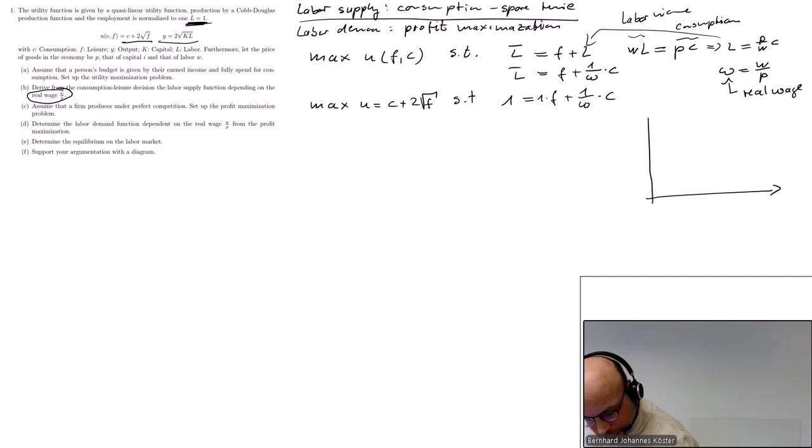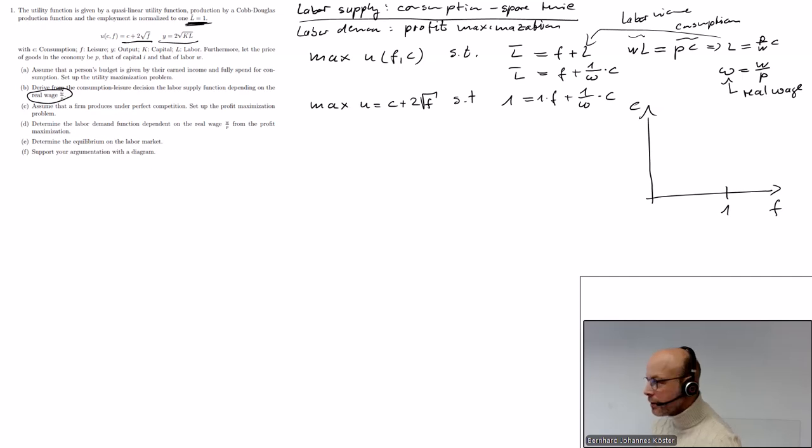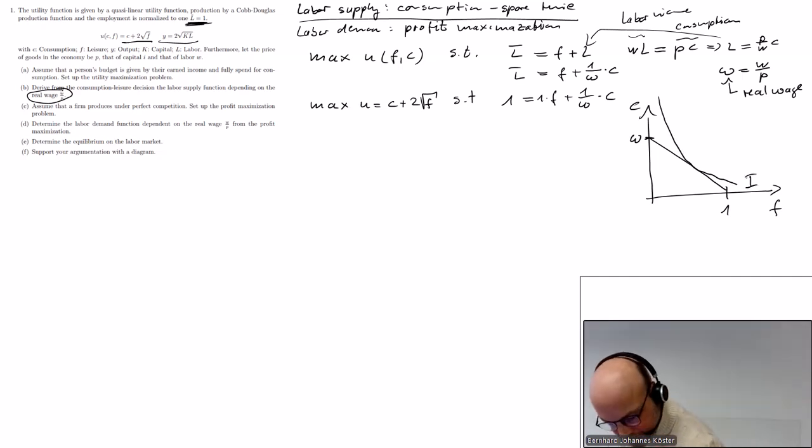What we have to do now is consumption and spare time. Maximum spare time is 1, sitting the whole day at the beach, or working the whole day. Then I have a labor income of omega times 1, so omega. This would be then my budget restriction. And then I have to look for the optimal indifference curve. And this would be my optimum.